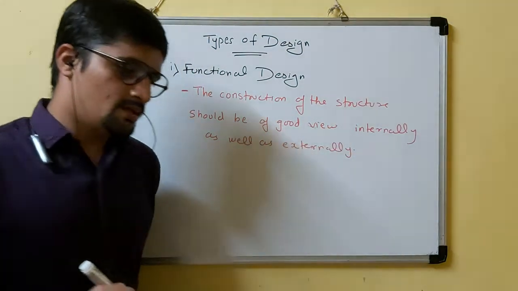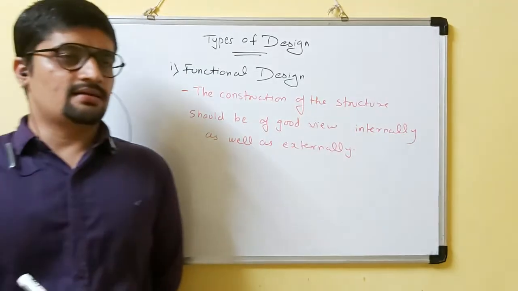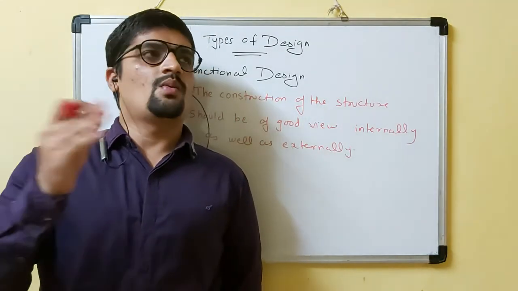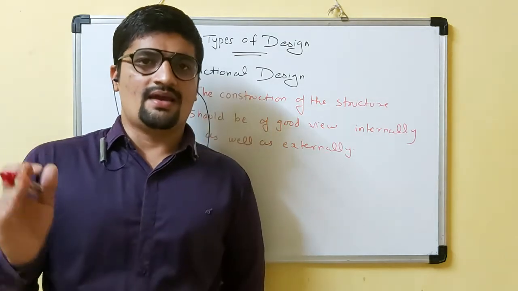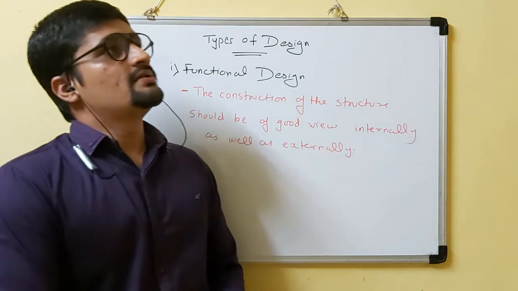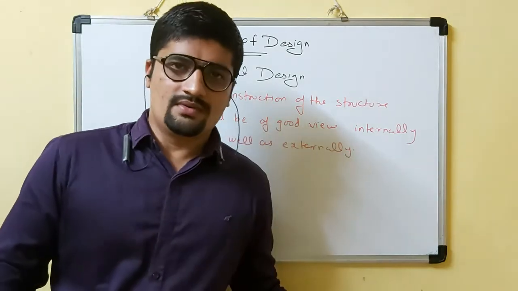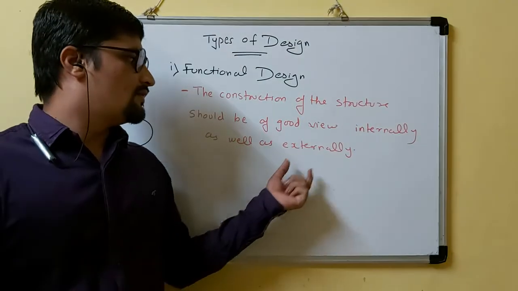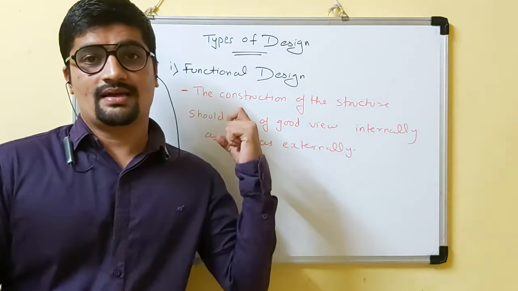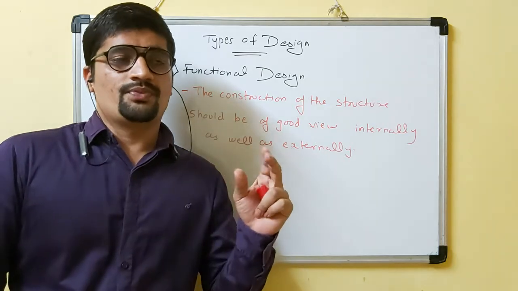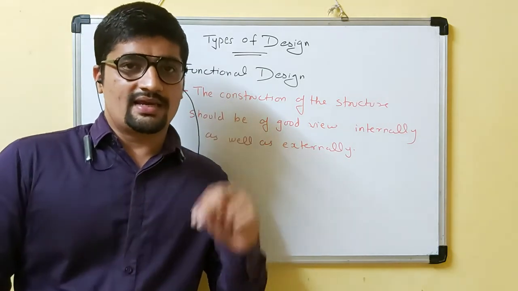The functional view is like that: we are sitting in a room and we say, wow, what a view. Or we are sitting in the garden and seeing our house and say, wow, what a view. So the structure should be good internally as well as externally. In the functional architectural view, we manage both internally and externally.